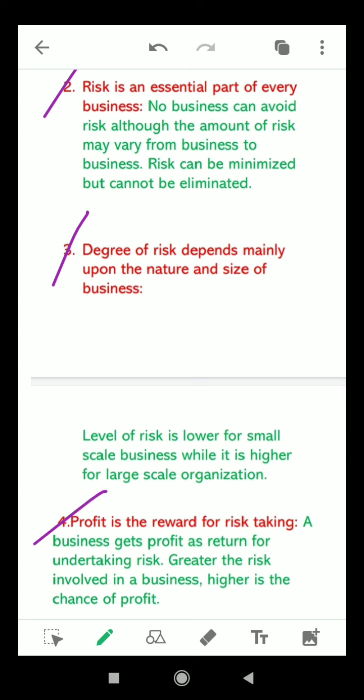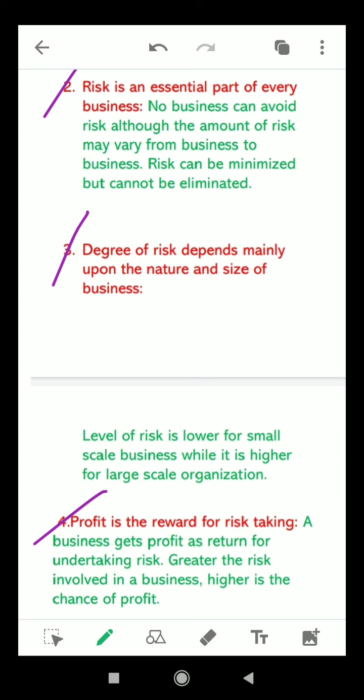Our fourth point is profit is a reward for risk taking. A business gets profit as a return for undertaking risks. The greater the risk involved in a business, the higher the chance of profit. It is generally said that the more the risk, the more the profit.